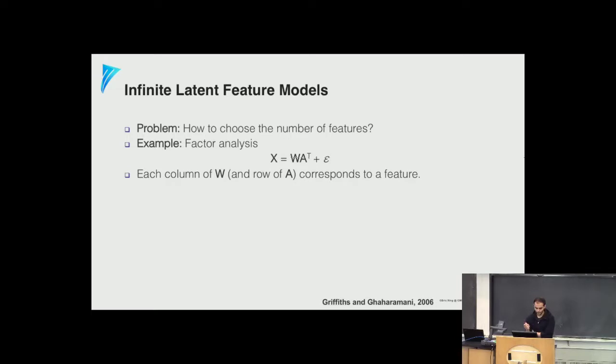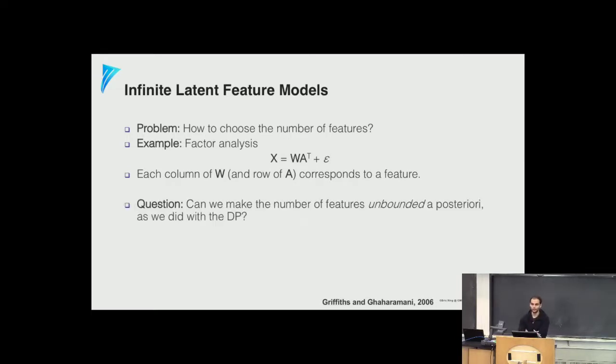But what if we want to have, again, an unbounded number of possible features? If the data set is growing, potentially the K, the number of features that we've discovered in a portion of the data set, is not enough to explain the rest of the points in the data set.